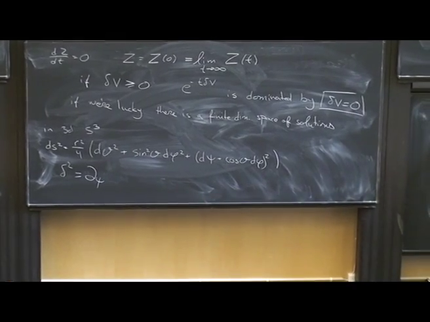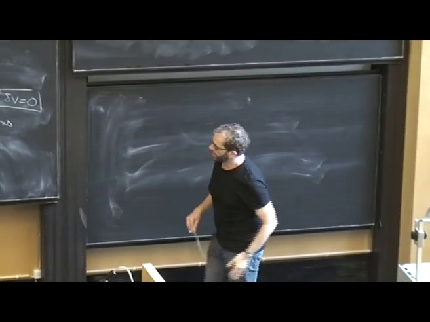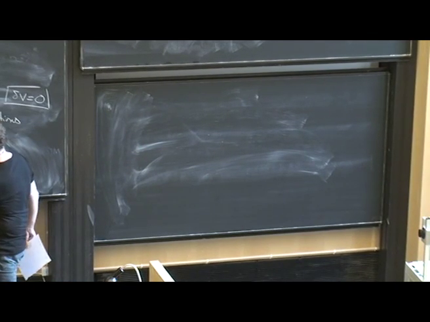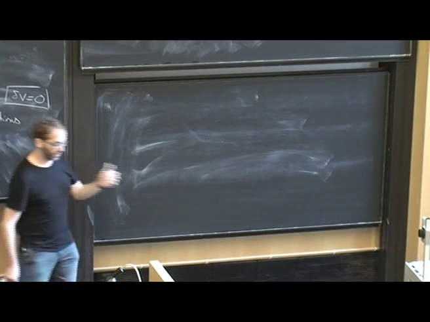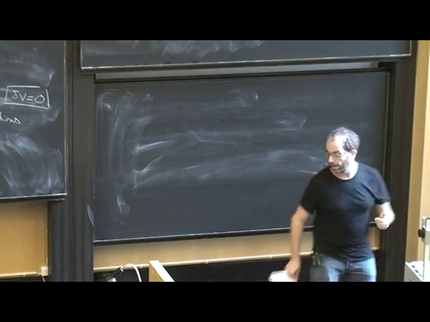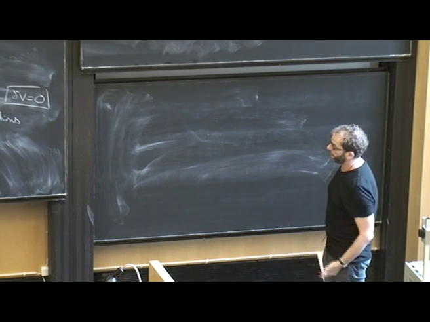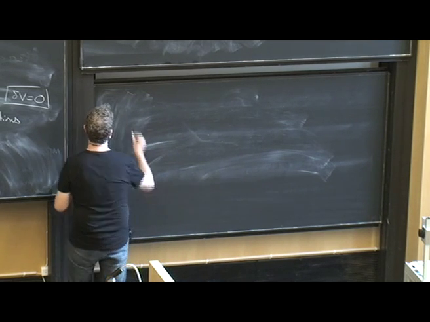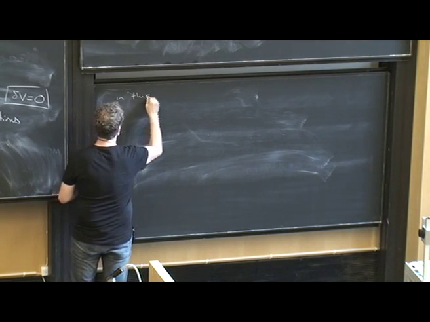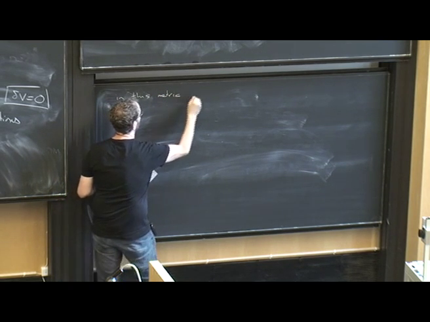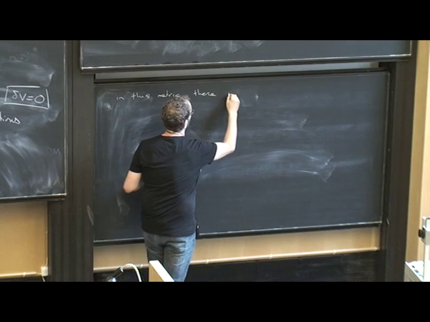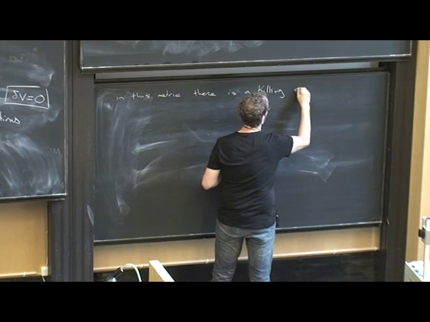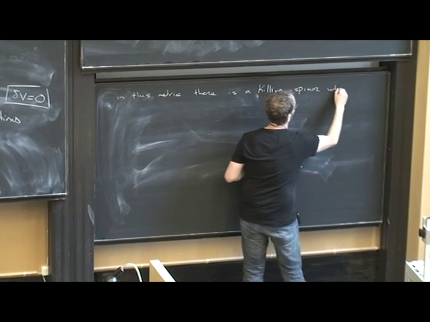So I told you that the epsilons, the supersymmetries, are going to be killing spinors, so I wrote a metric. Now, to write down the killing spinors, I would need to write a vielbein and solve the killing spinor equations. I will actually not do that, but in this metric there is a killing spinor which is constant.